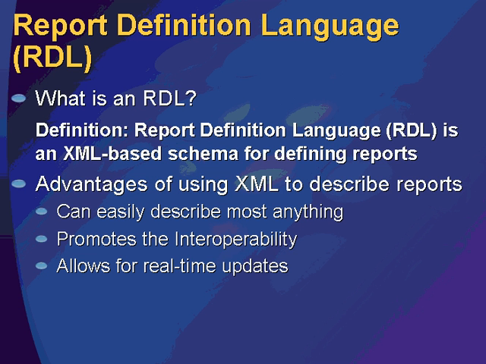It promotes interoperability, allows for real-time updates. You can write code to update your RDL in real time, and you can deploy it to your server. You can create your own applications to create RDL that are then rendered through the Reporting Services engine. So RDL is an open schema that allows you to flexibly describe your reports.